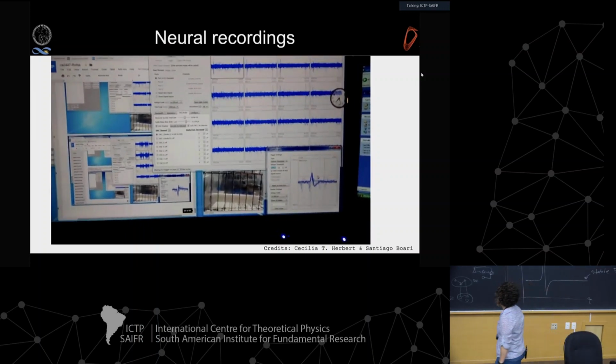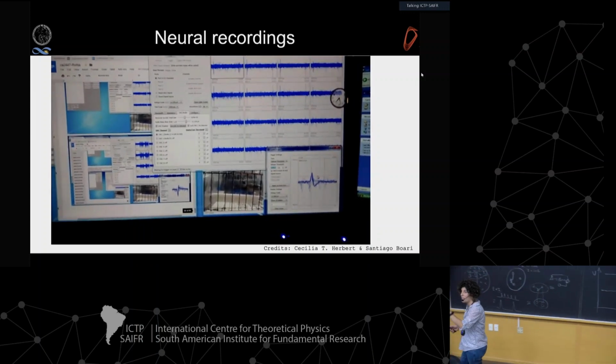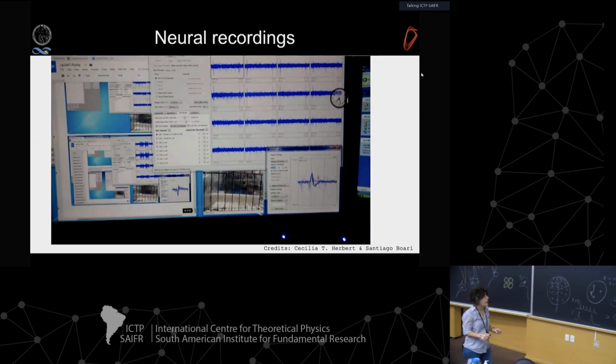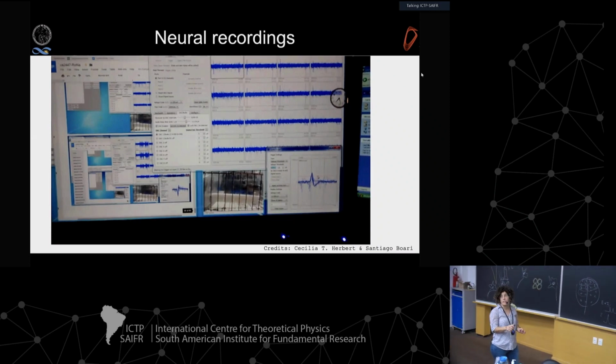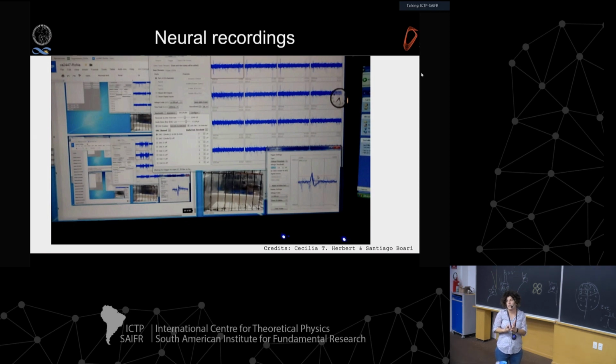Okay, so what you can see there is that it was singing at the beginning. You can see a lot of activity in these tetrodes, and this was synchronized with what the bird was singing. I don't know if you could hear it, the bird was doing like, pa, pa, pa, and the neurons were doing like, go, go, go, okay?